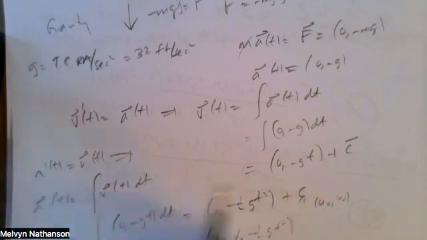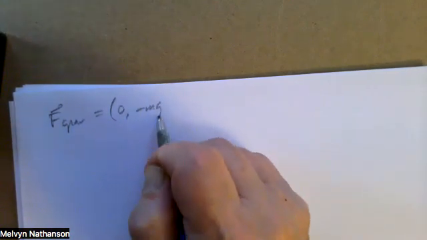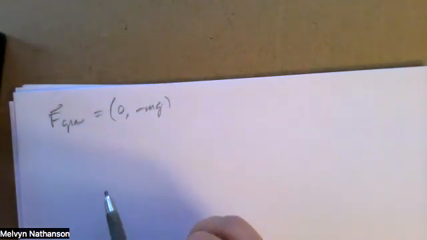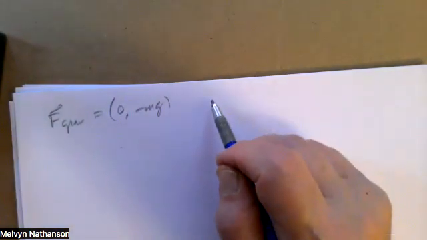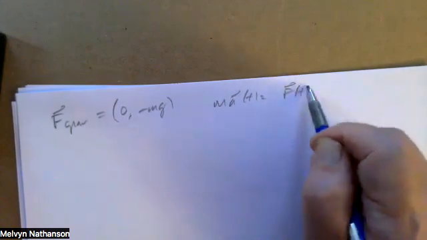Let me just go through this again, because this is really exactly what you learned in Calc 1. So the force due to gravity is 0 minus mg. And you know that mass times acceleration is equal to the force.